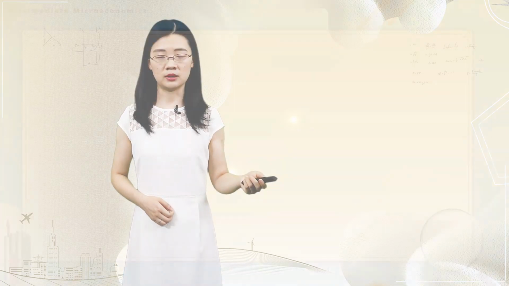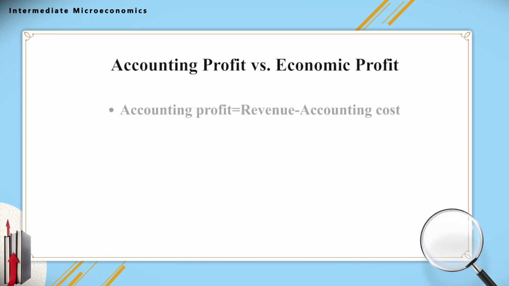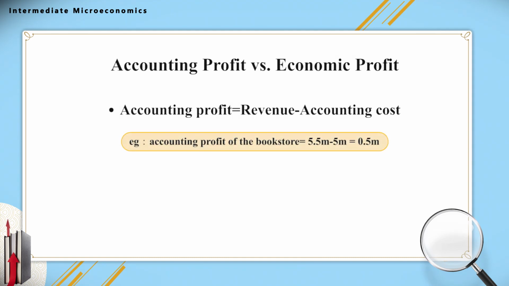For example, continuing our bookstore case, if you invested 5 million to operate the bookstore, and at the end of the year, you got a revenue of 5.5 million. In the accounting book, you got a profit of 500,000 yuan. But are you willing to continue to operate the bookstore? This question can be answered more directly with economic profits.